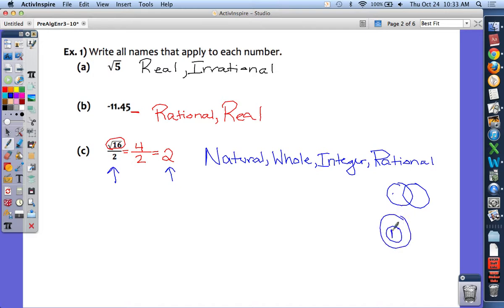See, that natural family falls completely into the whole family. There's one number that is not natural but is whole, but all the natural numbers are automatically whole numbers, if that makes sense. So you're looking kind of at the nesting. I think of those nesting dolls. The circles are nesting within each other. So we have natural, whole, integer, rational. The last word we need is real. It's in the real family.